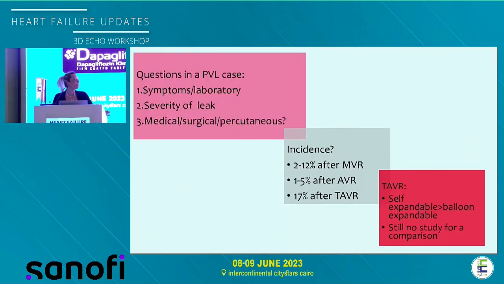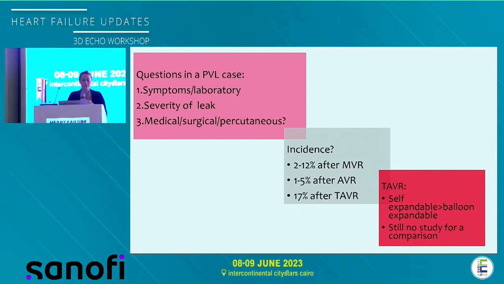And the questions in a PVL case are: if the patient has symptoms, how are the laboratory tests? And what about the severity of the leak? And shall we prefer a medical, surgical, or percutaneous method? And what about the incidence of PVL?